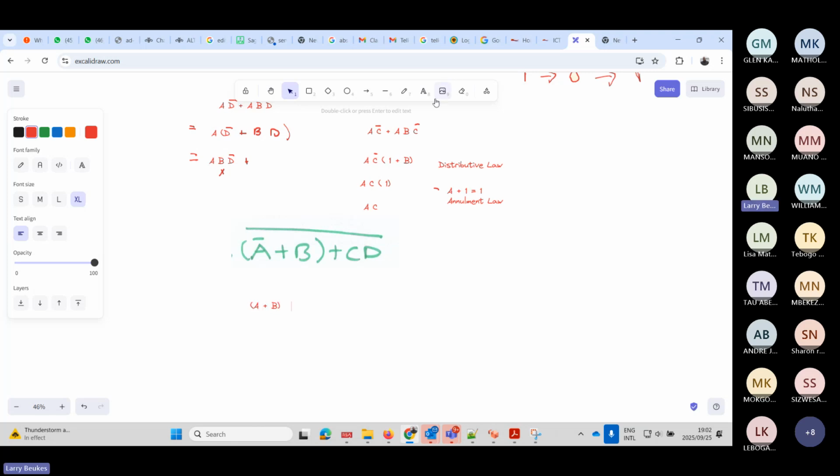Then we're going to change this sign in the middle to an AND gate. Then we're going to have CD. So we're going to split this big line into half now. So we break the line, then we change the sign, right?